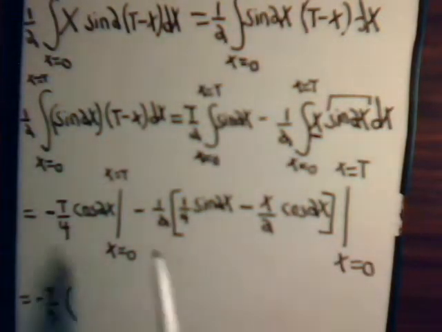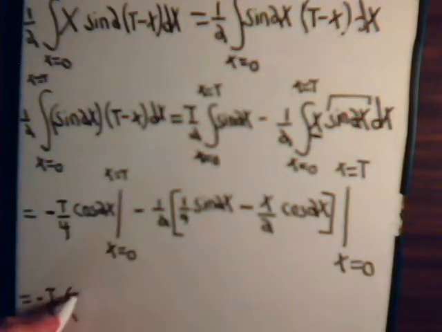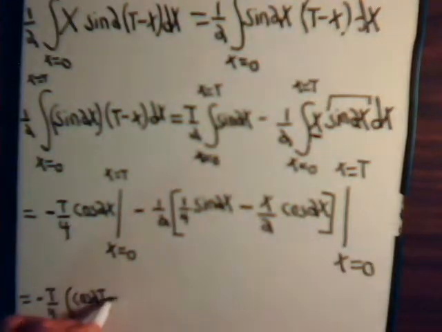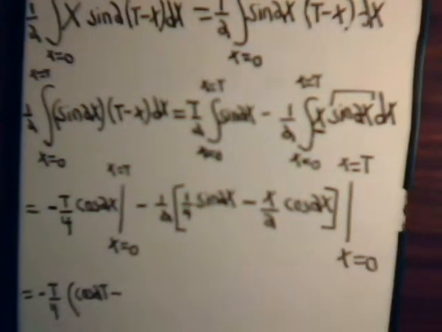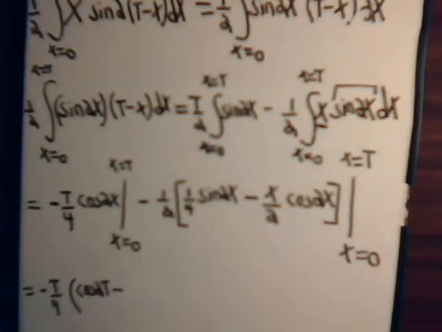Where x equals t, that will be the cosine of 2t, minus, where x equals 0, the cosine of 0, that is 1.